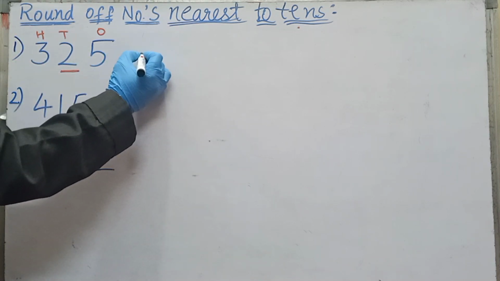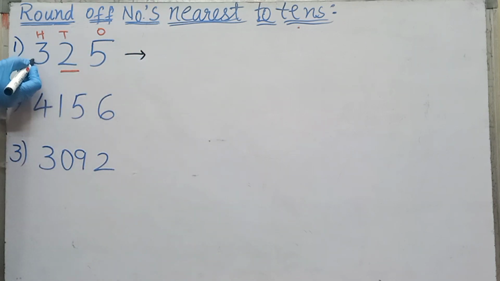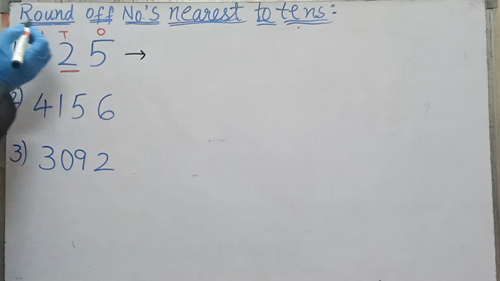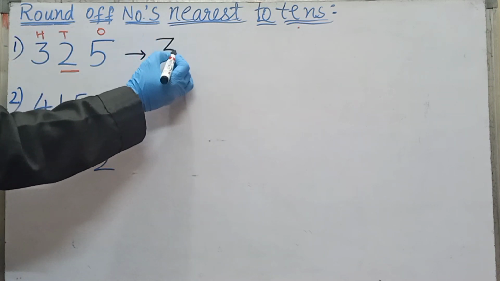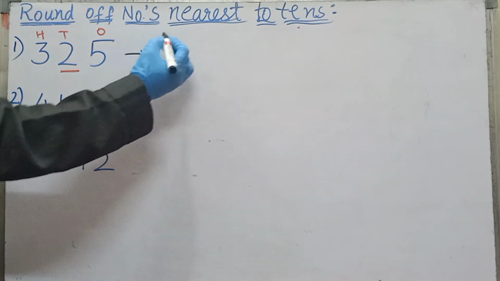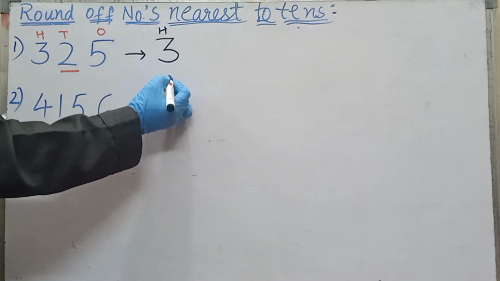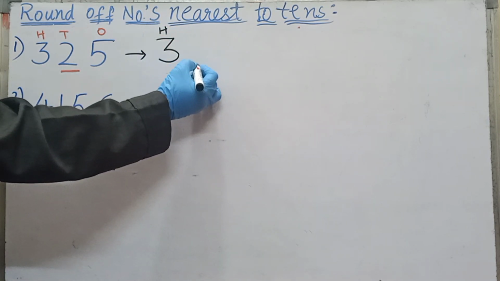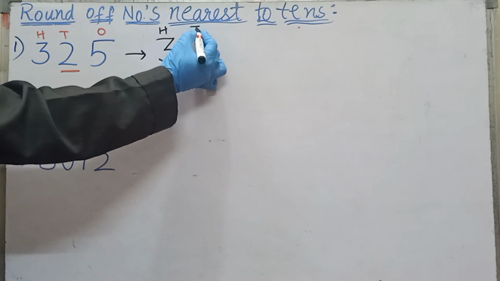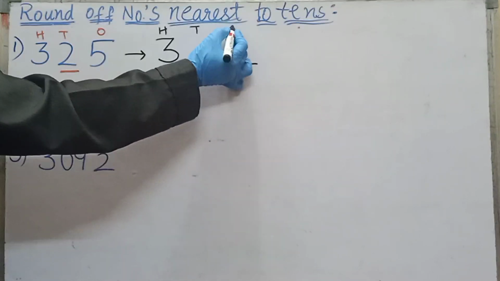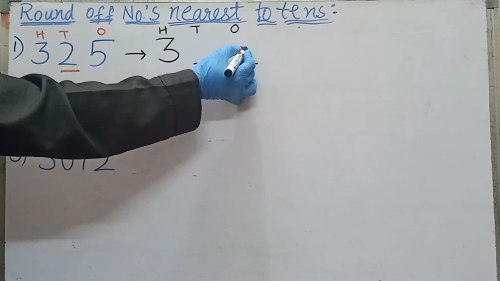Okay, how will we write it? Before the tens place, if any numbers are there, that is, numbers in the hundreds place or thousands place, then we have to copy them as they are. Okay, the hundreds place number will be copied as it is. Then leave the tens place number. Then in the ones place, we have to write 0.